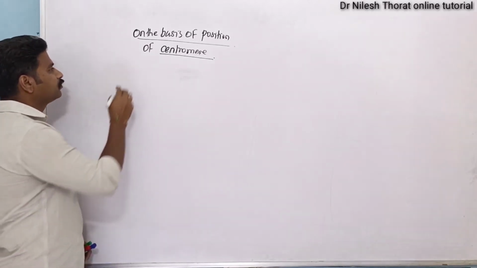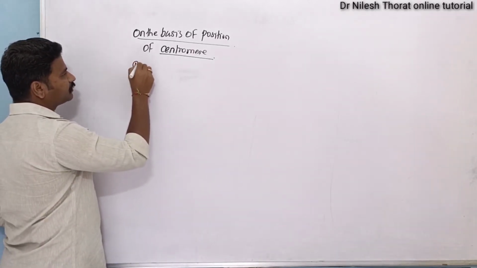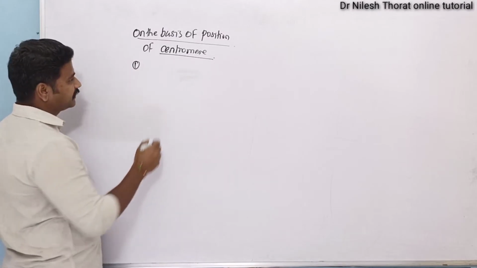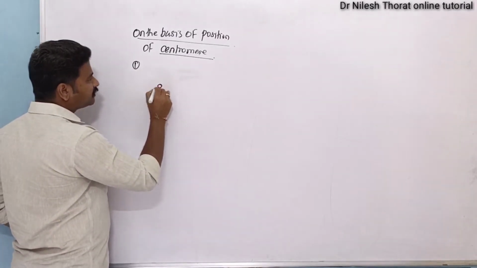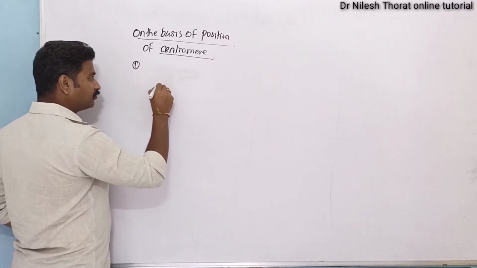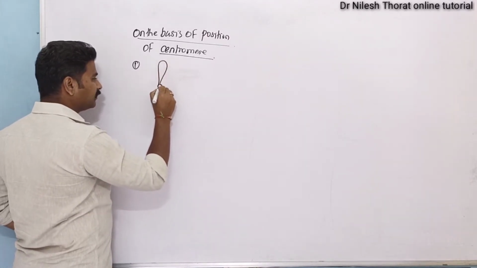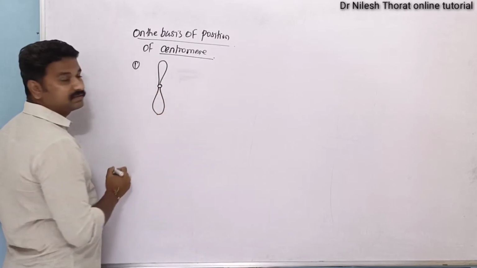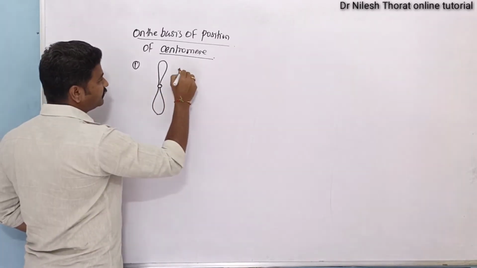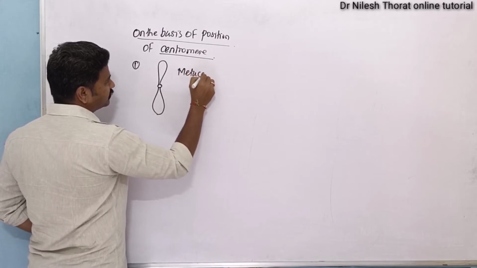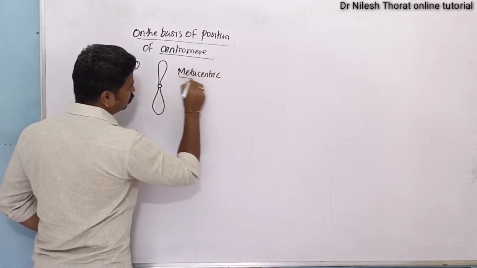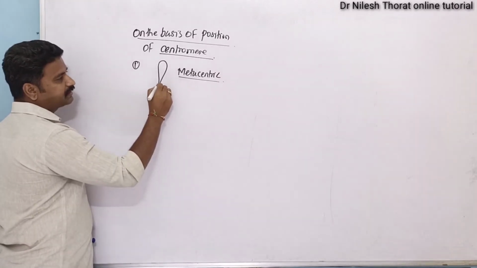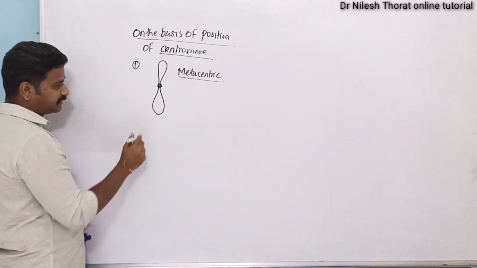If the chromosome has the centromere in the center and both the arms of equal size, then such a type of chromosome is called a metacentric chromosome.